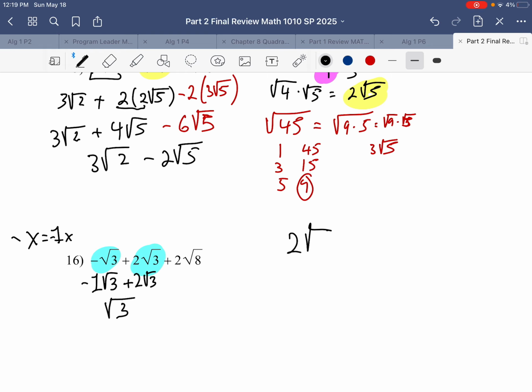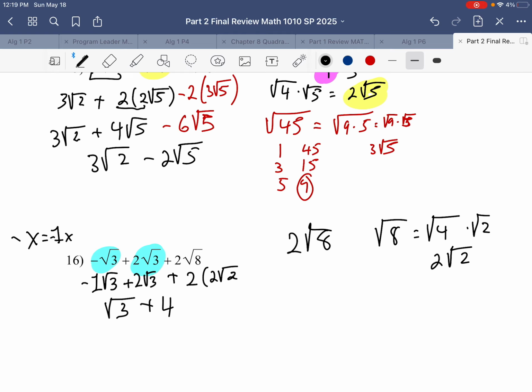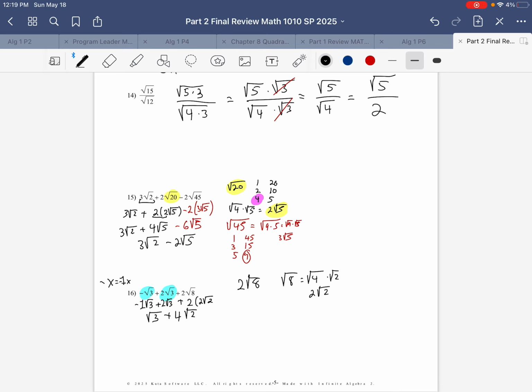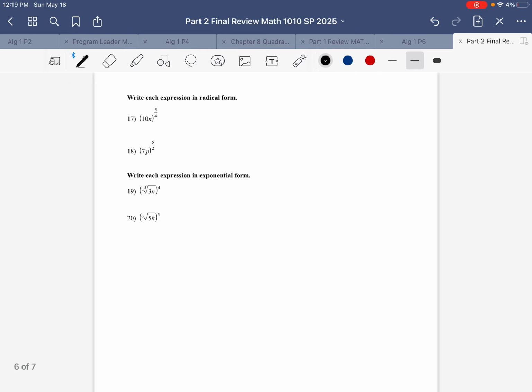Now 2 square root 8, I can rewrite the square root of 8 as the square root of 4 times the square root of 2, or 2 square root 2. So this is 2 times 2 square root 2, or plus 4 square root 2. All right, that was number 16.